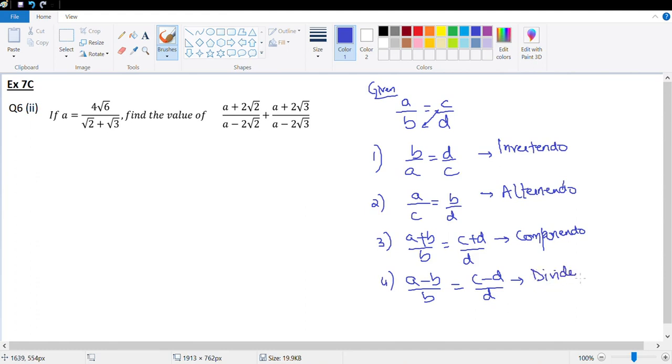And then the last one was if we applied componendo and dividendo together, it would give us A plus B upon A minus B would be equal to C plus D upon C minus D. This was componendo and dividendo put together.